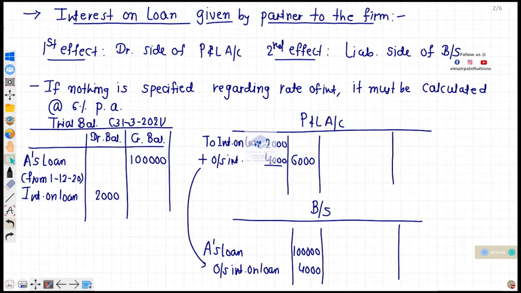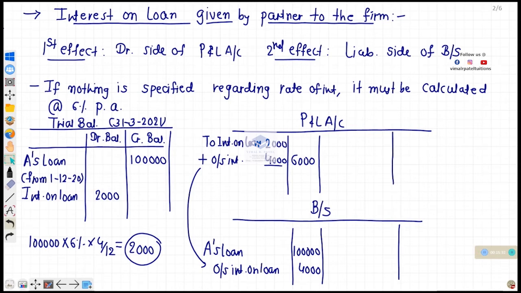Then interest on loan should be provided for 4 months: December, January, February and March. Then interest on loan will be 6% of 1 lakh into 4 divided by 12. So it will be 2000.